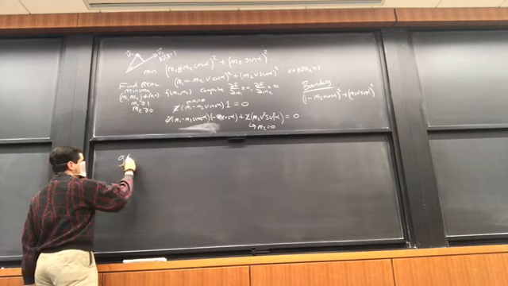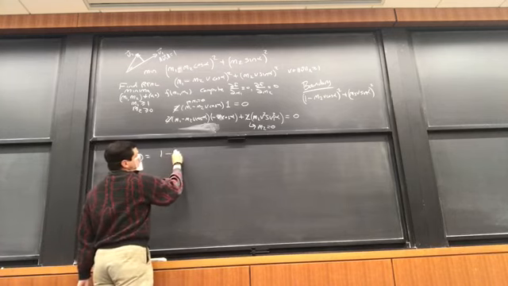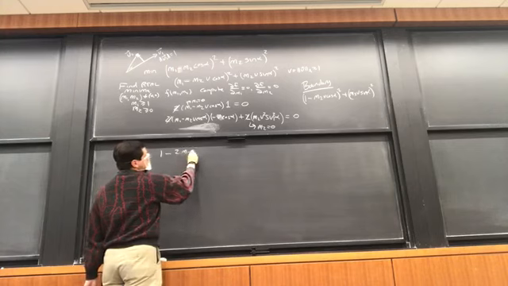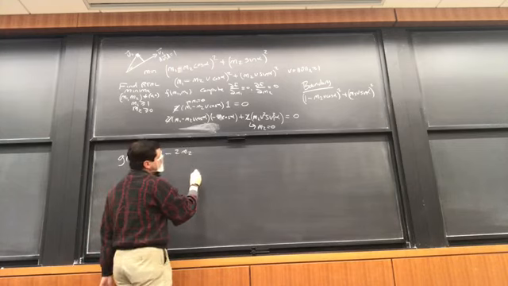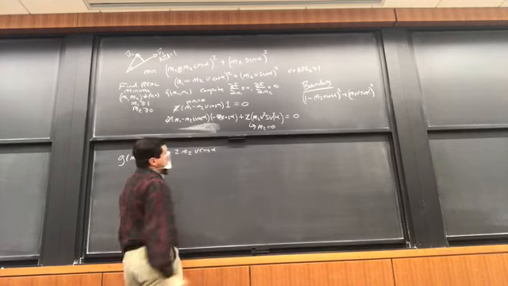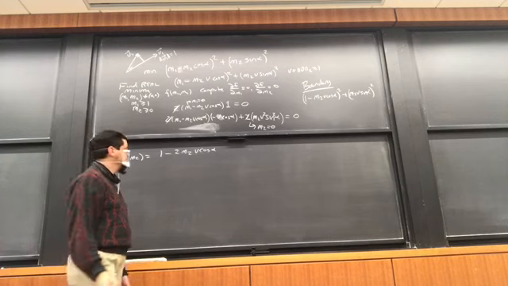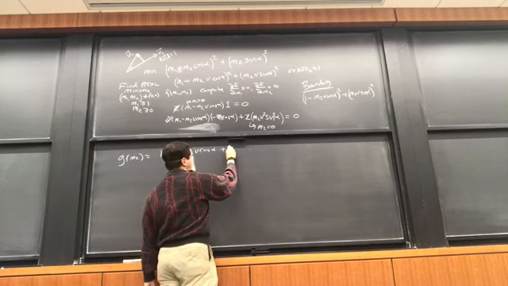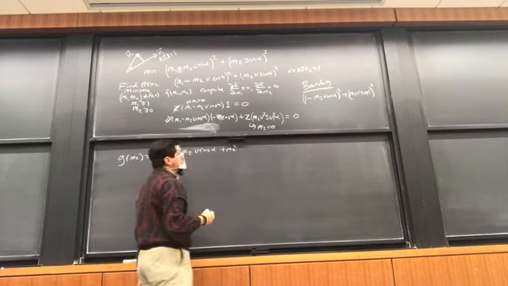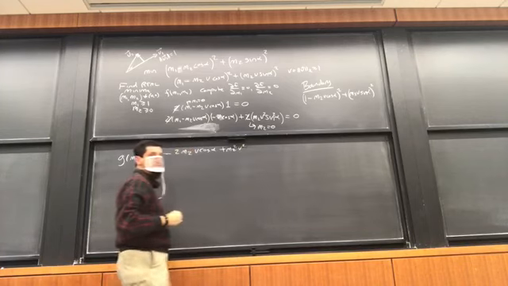So we have g of m2 is 1 minus 2 m2 v cosine alpha, and then we'll have a plus m2 squared v squared. Isn't there a v? m squared v squared, right?